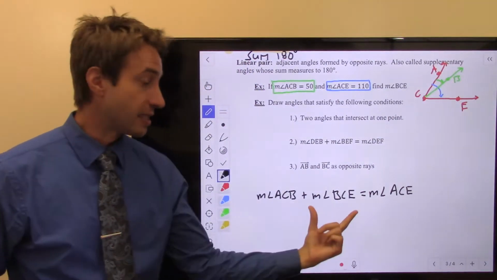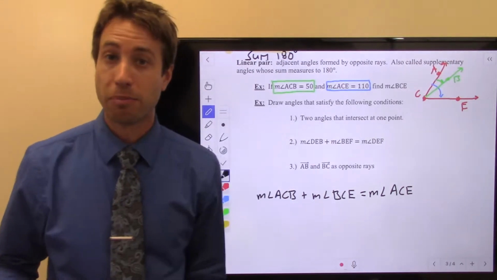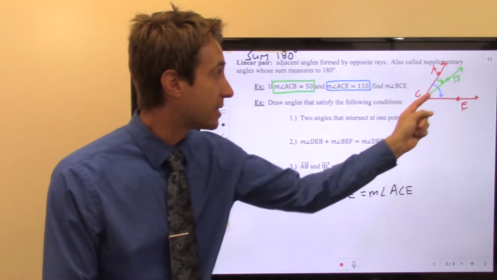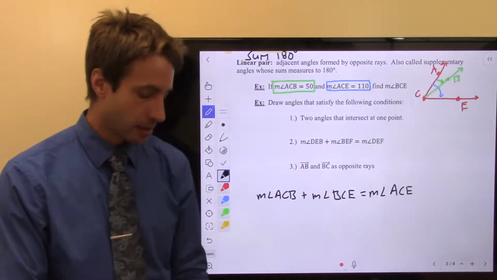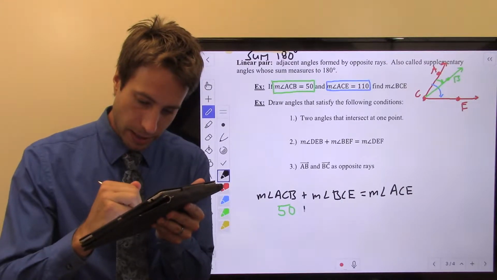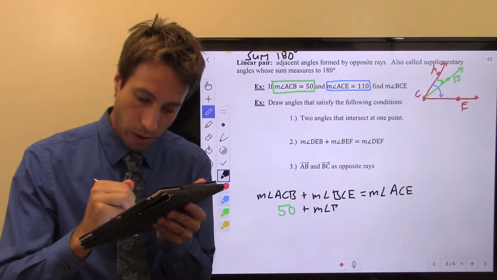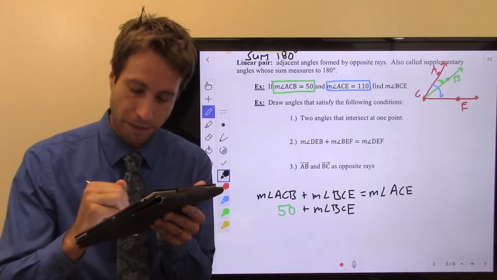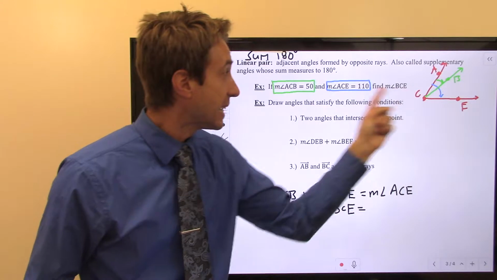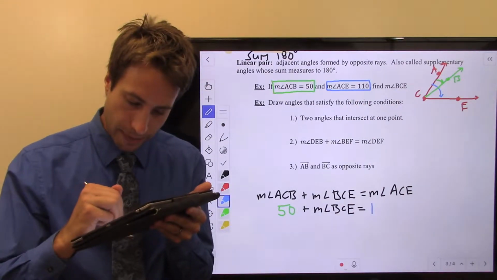So this is the angle addition postulate. Now, plug in what you know. I already know ACB is 50, plus, that's what I'm being asked to find, equal to the measure of angle ACE, which I'm told is 110.